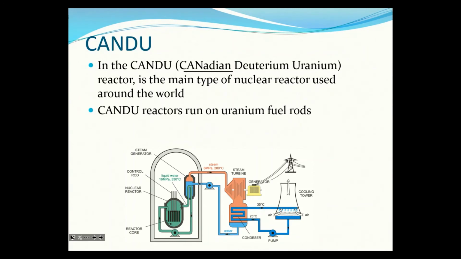Okay, so what they do is they take these uranium fuel rods, and they're not green, they're not glowing, they're not throbbing. All that they do is they heat up, and they heat up this water here. And after that, it's exactly the same as a coal reactor, right?